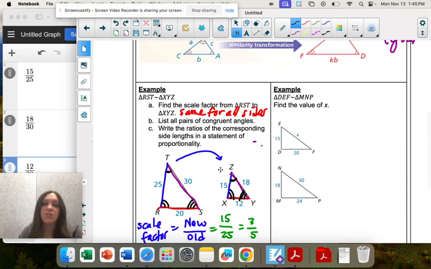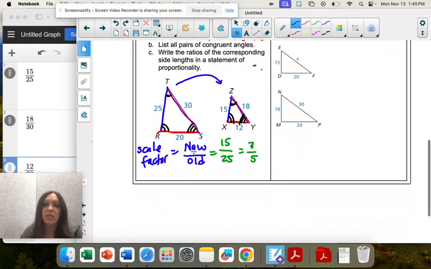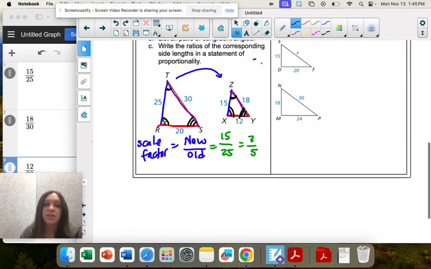So a statement of proportionality would mean what we did here. ZX divided by TR equals, and then I would do all the sides.